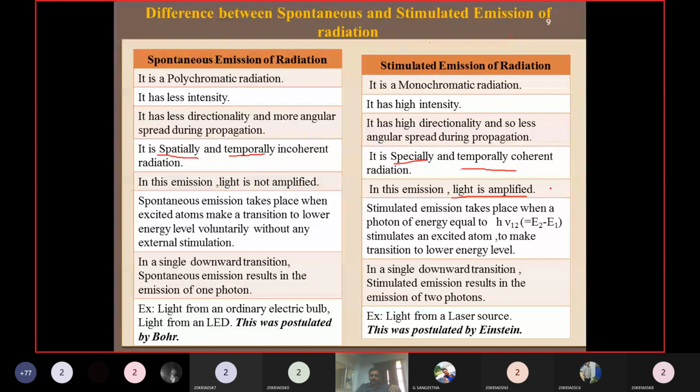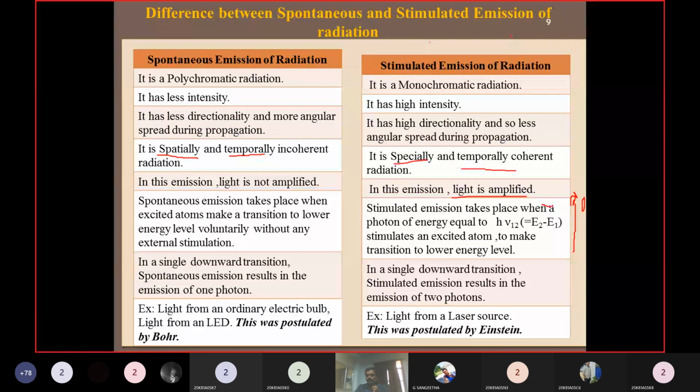But stimulated emission takes place when a photon with energy equal to the band gap energy stimulates an excited atom to make a transition to a lower energy level. By using an external photon, we are stimulating the electrons, so all the electrons come to the ground state at a time. Suppose two electrons are there.